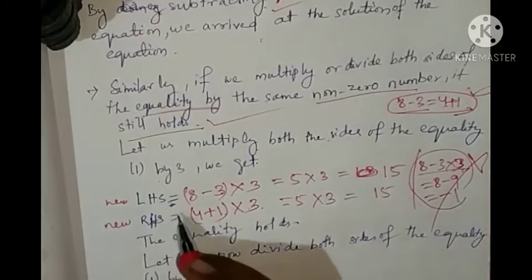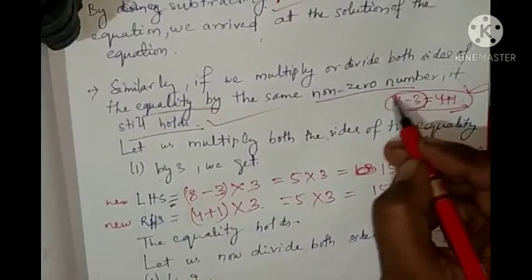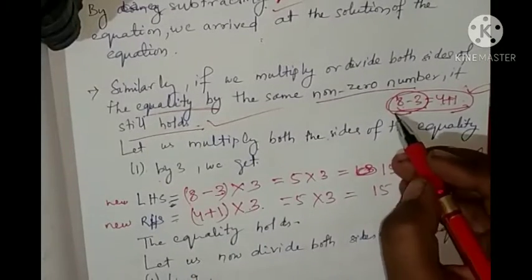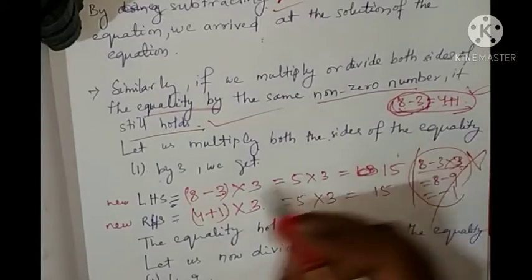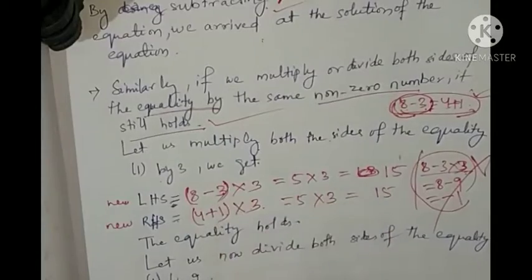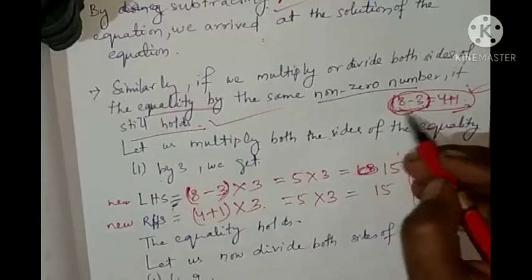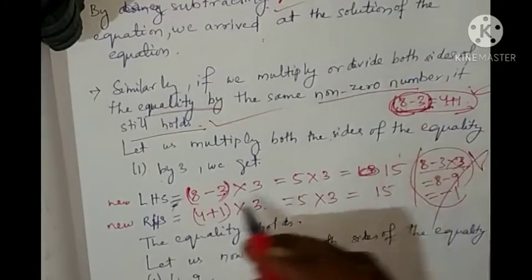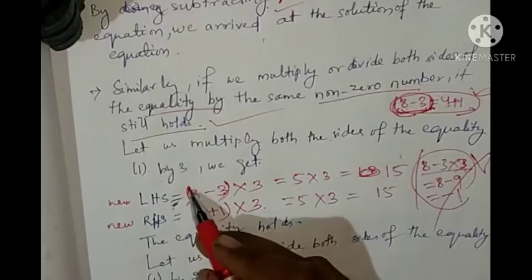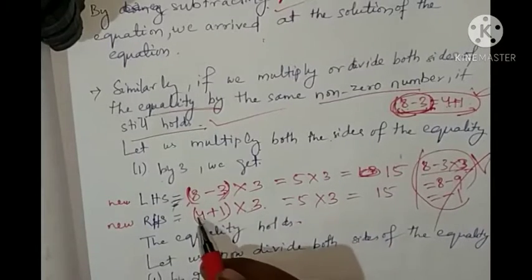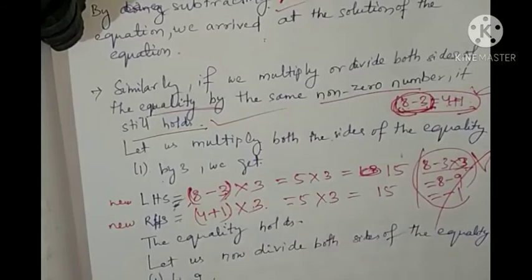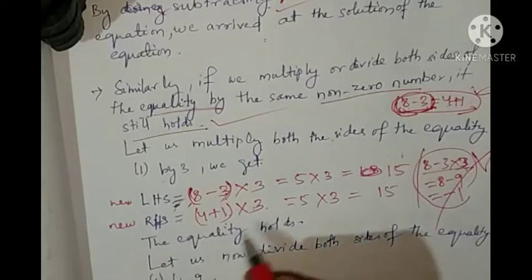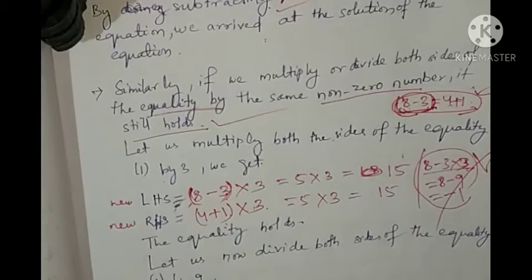When you are multiplying an equality, you will multiply with both sides. That's why you will keep 8 minus 3 in bracket, and 4 plus 1 will also be kept in bracket. The same thing you will apply in division also.